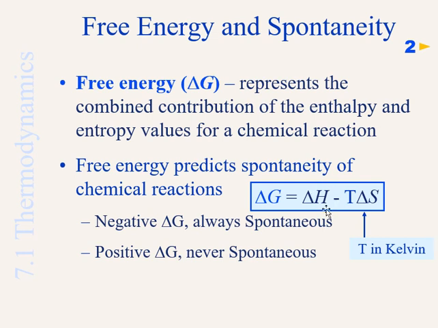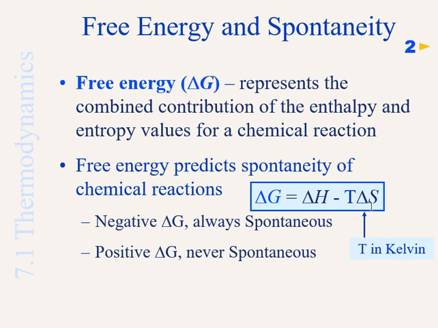If delta H is positive, meaning it's endothermic, we are counting on delta S to make the reaction spontaneous. But delta S is also a fixed value for a given reaction. If we carry out the reaction at a high temperature, that's when the reaction can become spontaneous, because that's when this term will become more negative. A positive delta S times a negative T makes it negative. So the higher the temperature, this term will become larger.